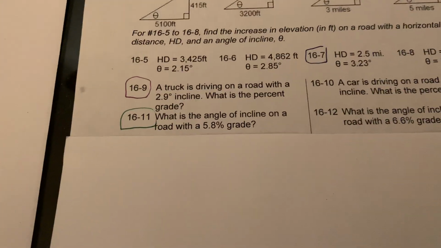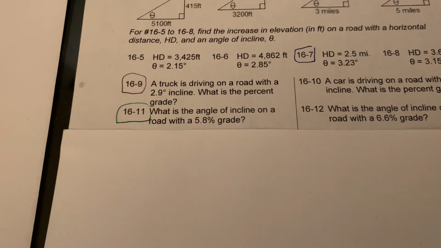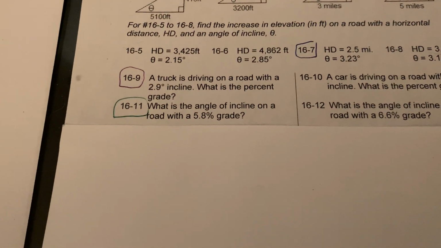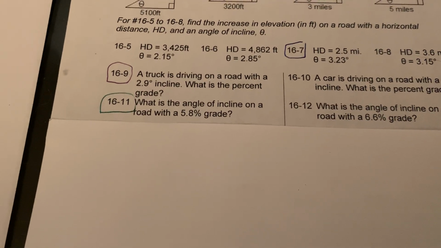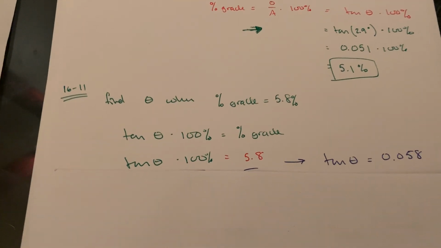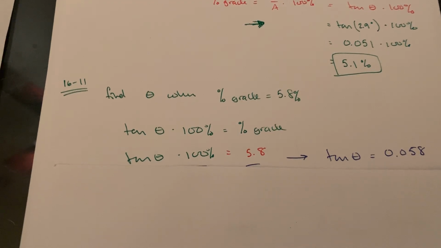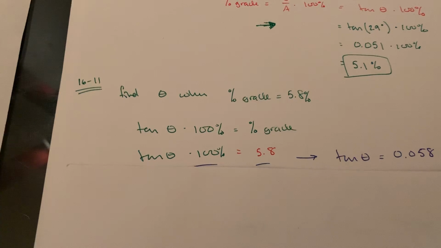Same thing if we reverse it here. What is the angle of incline, the angle of elevation, on a road with a 5.8% grade? What's my angle now if my incline is 5.8%? Just reversing the steps that we just did. Again, the same idea: the tangent of the angle times 100% should be my percent grade.